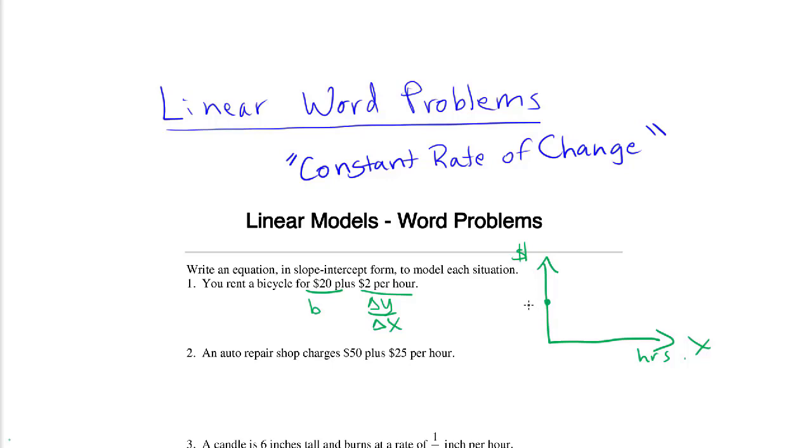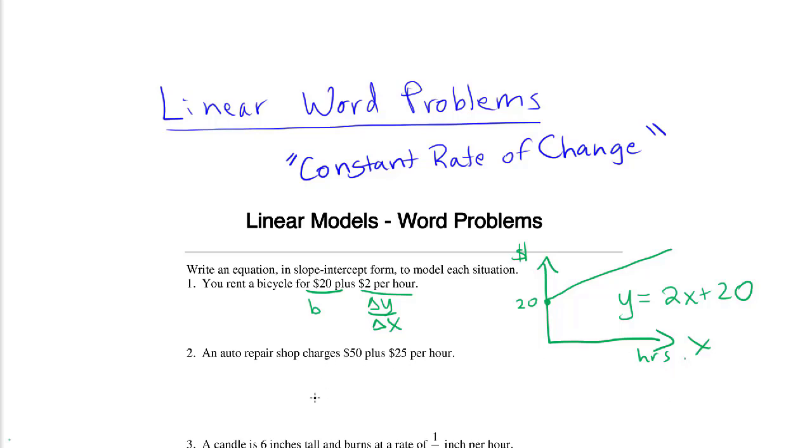So our graph looks like a y-intercept at x equals, or time 0, $20 cost, and we increase at a constant rate of change of 2. Our equation in this case is going to be y equals 2x plus 20, where x represents the number of hours.